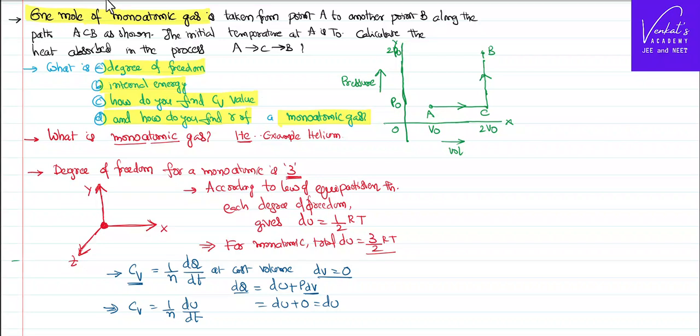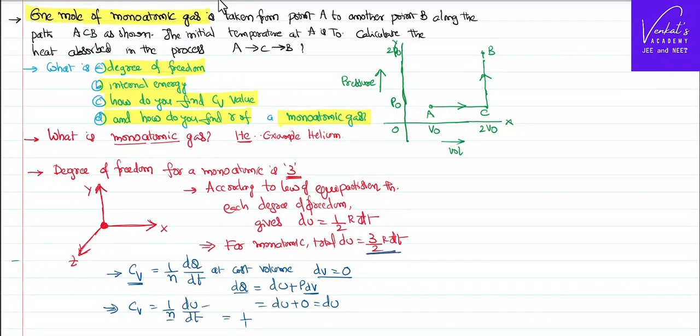Now I know the value of dU as 3 by 2 RT, where T here means the change in temperature itself, so if required we can even write it like dT also. If you write that and come back to this place, what happens to the value of this? n is already equal to 1.